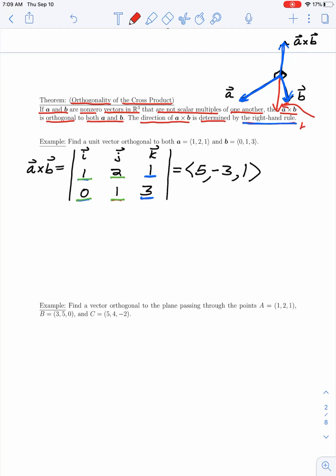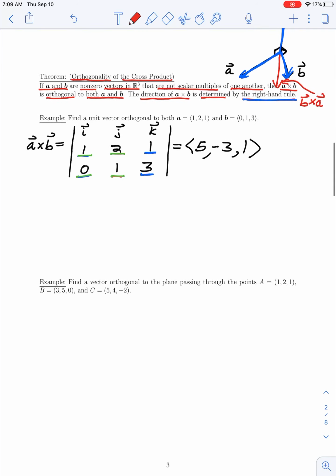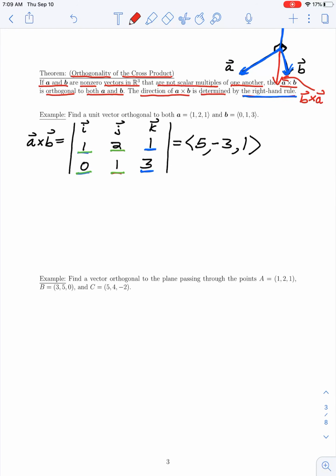So this vector would be a representation of b cross a, which is just the negative of a cross b, pointing in the exact opposite direction. So it doesn't matter what order we take our cross product, we would still get a vector which is orthogonal to both a and b, regardless of the order.